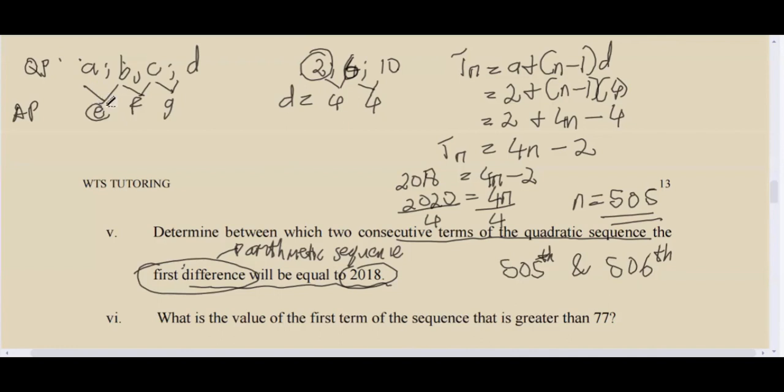Because we can see here the first term of the arithmetic pattern is between the first and the second. The second term of the arithmetic pattern is between the second and the third term of the quadratic pattern. So that means if we find that this term here, 2018, is in term number 505, that means in respect to the quadratic sequence, it's in between term number 505 and term number 506, right? I hope all that makes sense.